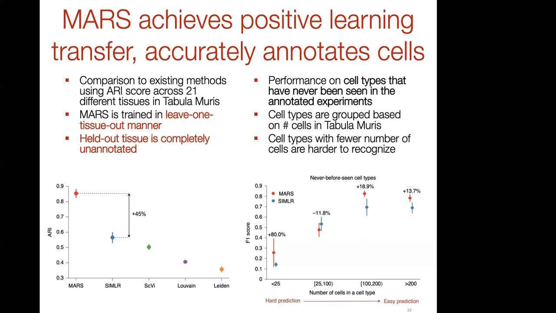We were interested in seeing whether the model can perform well in situations where cell types are small and there are very few cells sampled for a given cell type. We have seen that in particular in this hard regime, with a small number of cells in a cell type, which are therefore harder for algorithms to recognize, Mars can perform much better than existing methods.